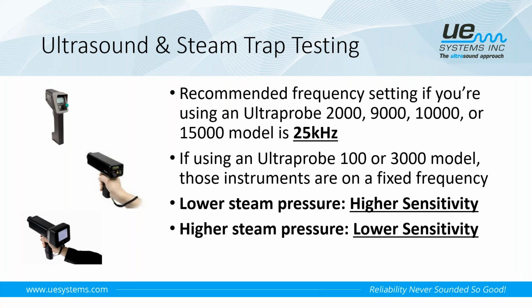So the blinking arrow pointing to the right would be to increase the sensitivity. On the other hand, if we make contact with the steam trap and it's in the failed open position, there's going to be a lot of turbulence. There's going to be a lot of noise. So the arrow may be pointing to the left, telling me to turn down the sensitivity. So either way, we just want to look at our display and it will let us know in which direction we need to adjust that sensitivity.